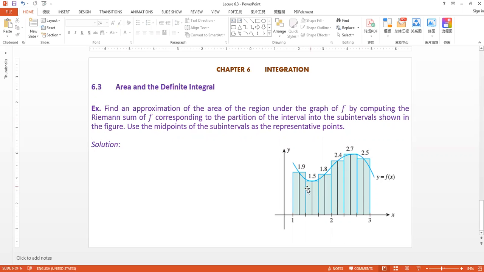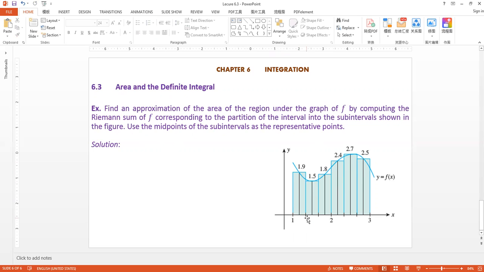So we partition the interval from 1 to 3 into 1, 2, 3, 4, 5, 6 subintervals. Correspondingly, we draw 6 rectangles. The height of each rectangle comes from the midpoints of the subintervals, so we use the midpoints as the representative points.